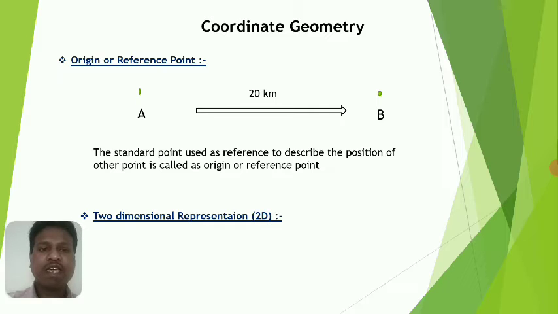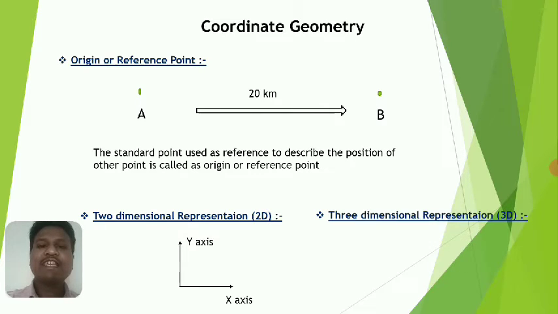That is with the help of two or three mutually perpendicular axes. If the point is 2D, then we can represent it in a two-dimensional way with the help of the x and y axes. And if it is three-dimensional, then we can use three mutually perpendicular axes x, y and z. So let us move ahead.